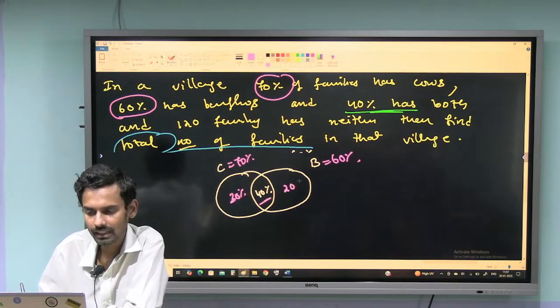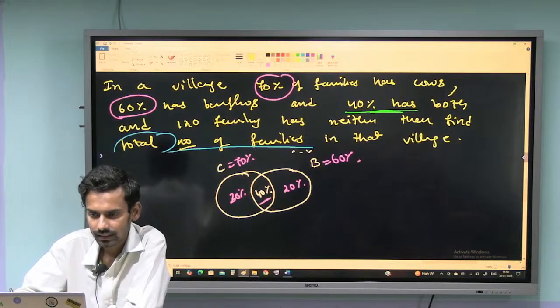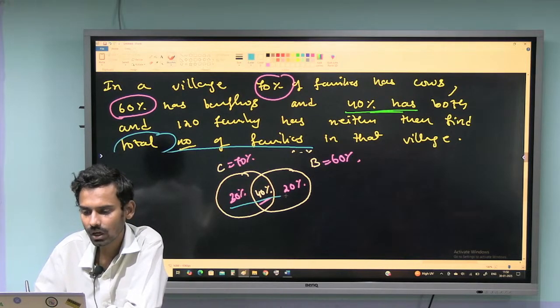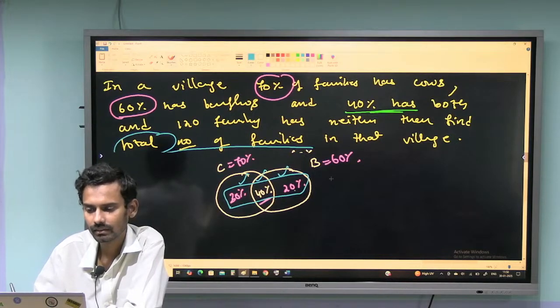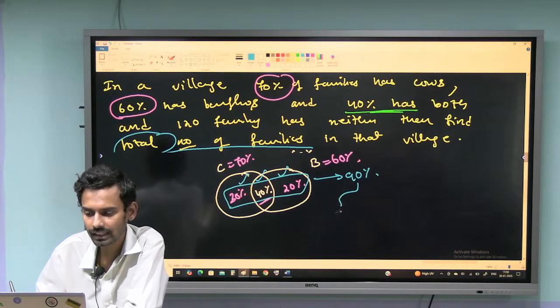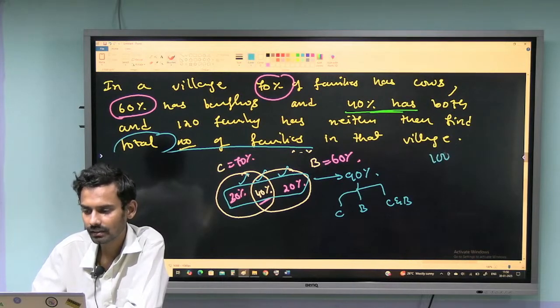So the families which are having only buffalo will be 20%. Now if I take the number of families which are having either cow or buffalo or both, it is 30 plus 40 plus 20, which is 90%. Which means 90% of the families has only cows, only buffaloes, or both cows and buffaloes. So total will be 100% here.